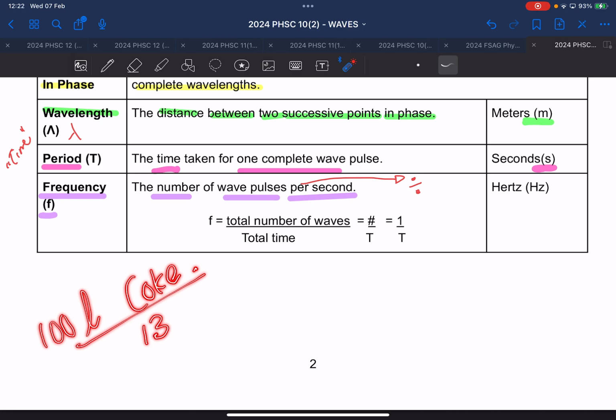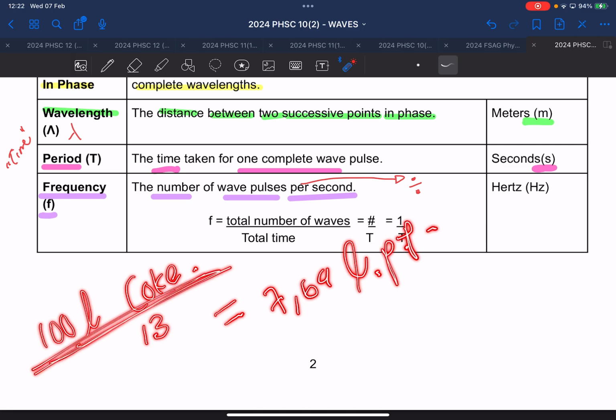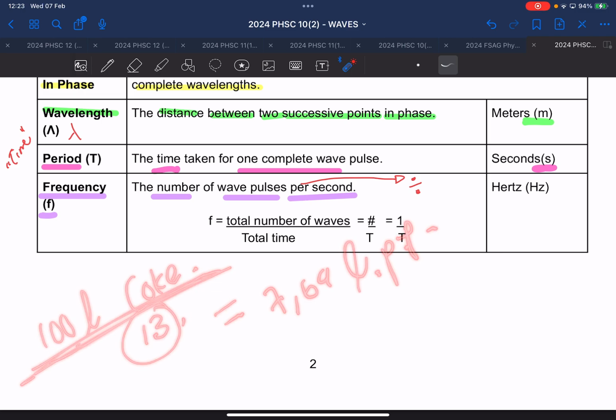So then you're going to say 100 divided by 13 gives you 7.69 liters per person. So that means per is divide, the 13 people per person. So basically we divide it in our head.